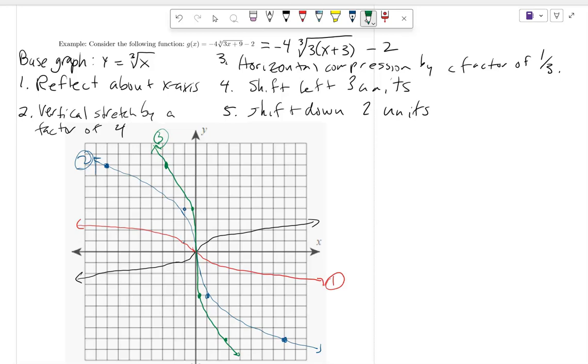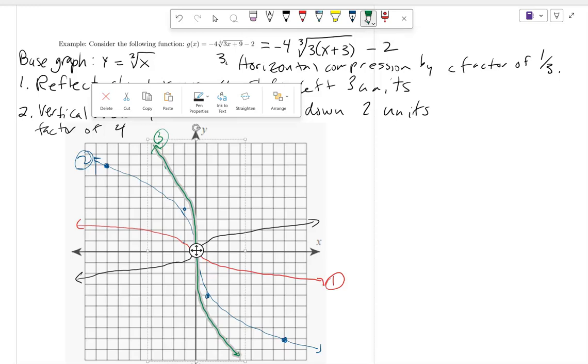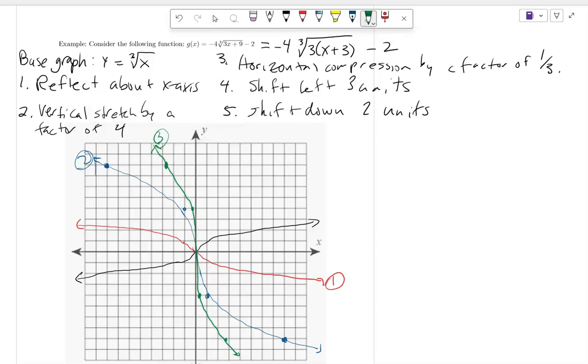Right? Those are the first 3. The next thing we do is what? Left 3. It should have the same basic shape, just shift to the left 3 units. So instead of being here at the origin, we'll move it 1, 2, 3 units to the left.